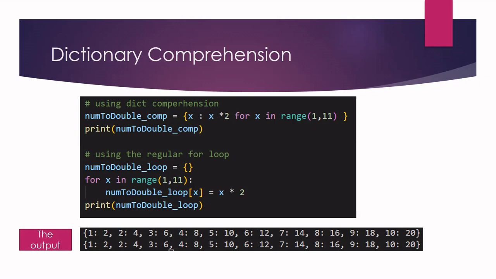The comprehension to create a dictionary has to have a colon in the expression, so you are creating key value pairs. Again, you can also create it using a loop like this. So let's try this out. If we are trying to create a dictionary that maps a value to its doubled value.